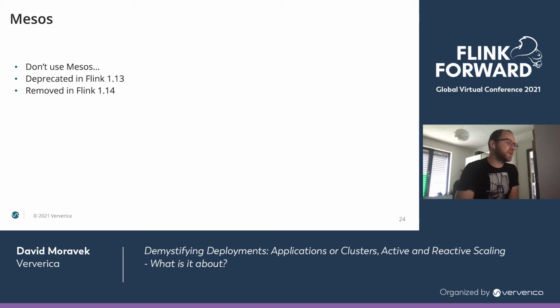There were not many active users of the Mesos integration, and also the Mesos project decided to retire from Apache because they didn't have enough active PMCs. And I think right now they managed to get back, but it's more in a maintenance mode than, I don't know.